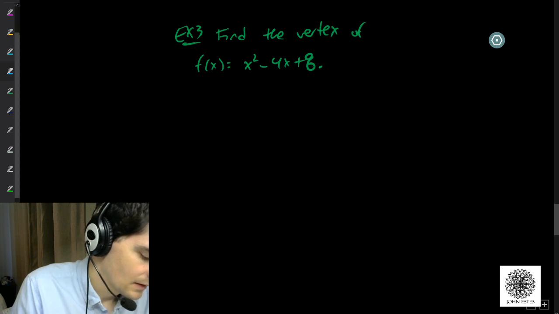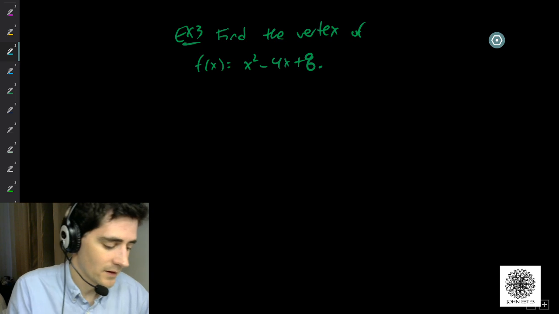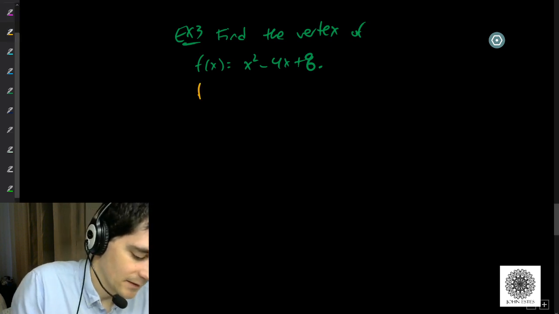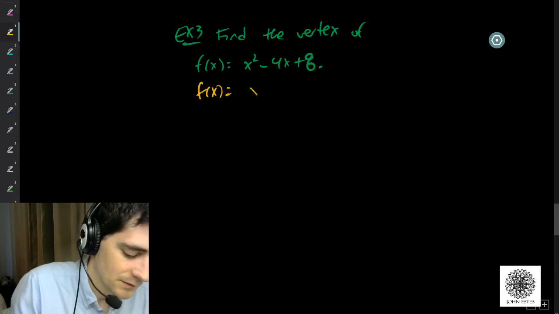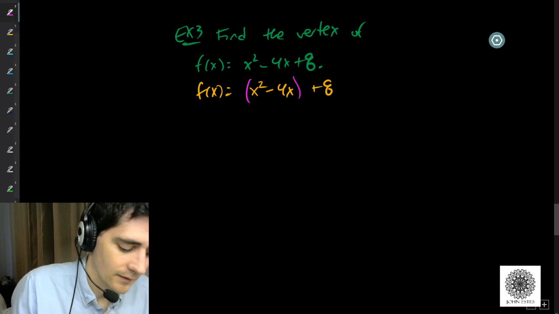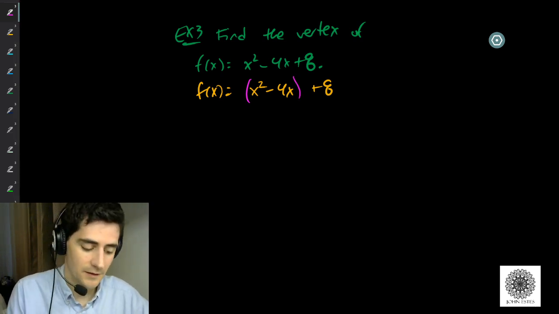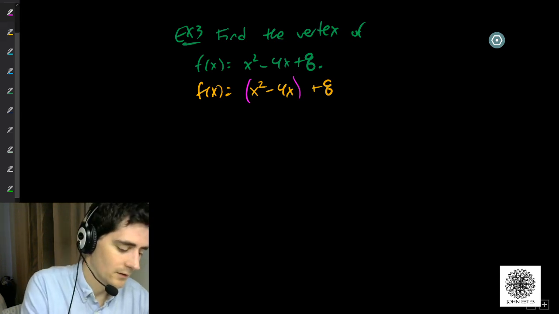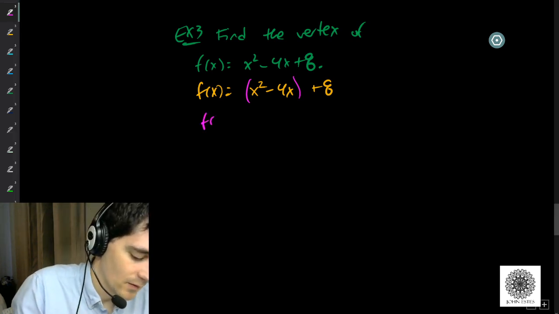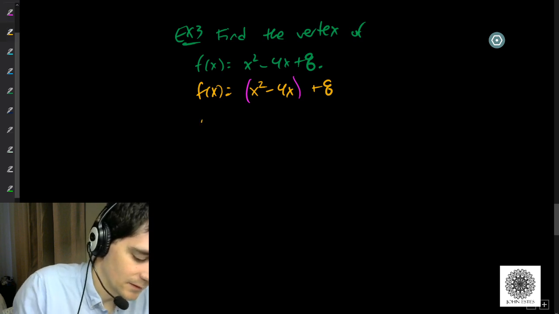So here, again, I'm going to try to complete the square. So I'm going to say f of x equals x squared minus 4x plus 8. But remember, I'm going to group the squared and linear term together. The leading coefficient is 1, so I don't really have to do anything there. What I need to do, though, is complete the square.